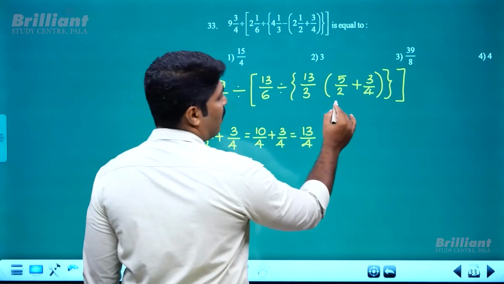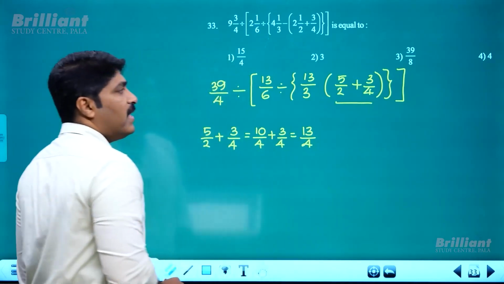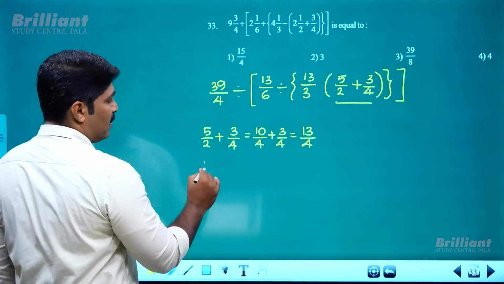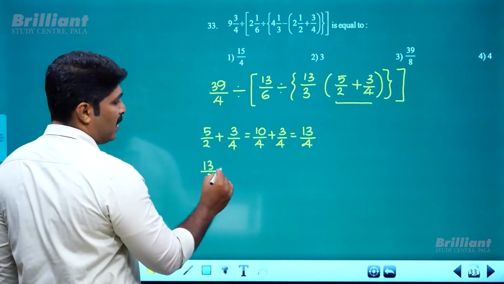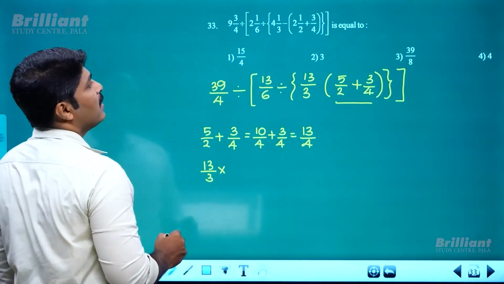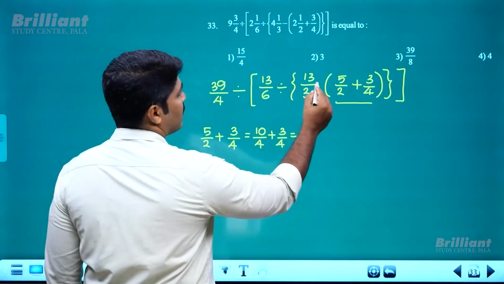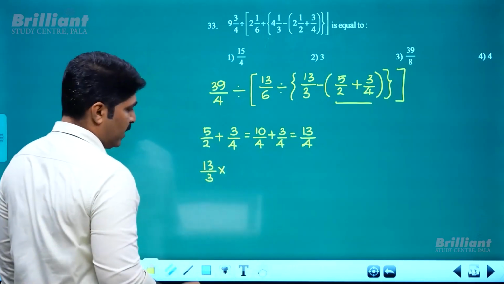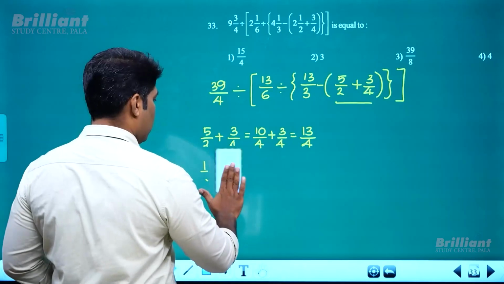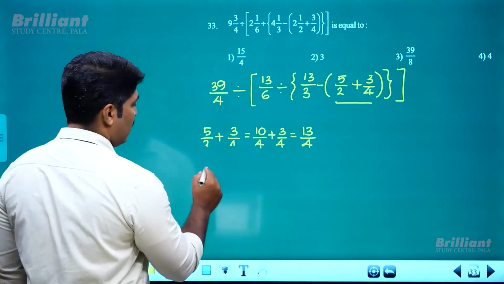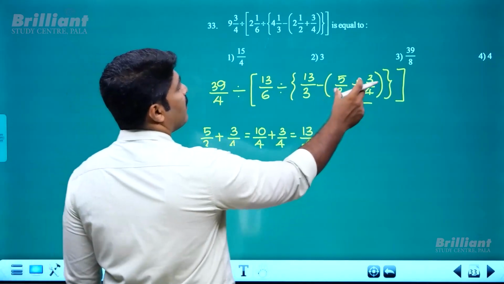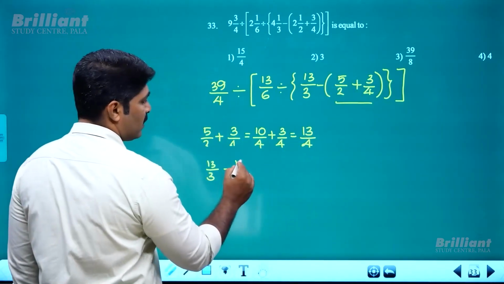We got the value of this portion. Then we are connecting it with the second part, so that is 13 by 3 minus this inside bracket value, that is 13 by 4.